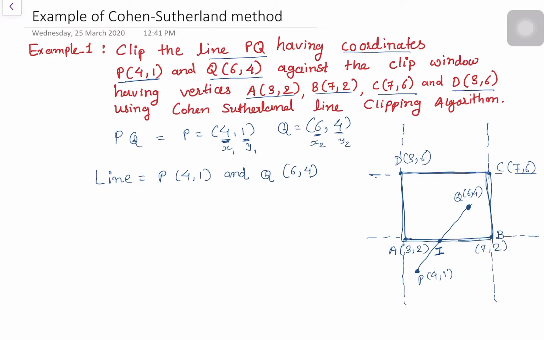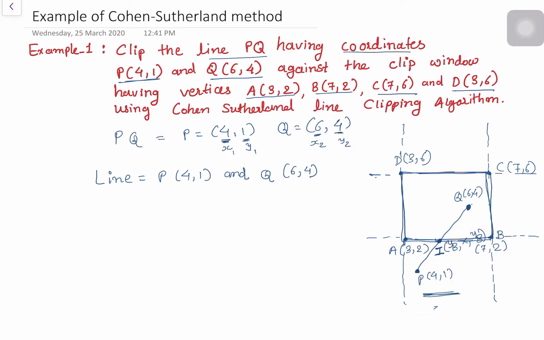So the line PQ intersects at the point I, which is in Y bottom, that means in the bottom section over here. So we can write I as Y bottom comma X comma YB, this point.